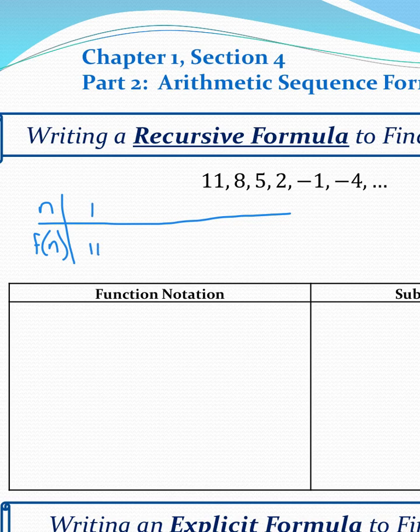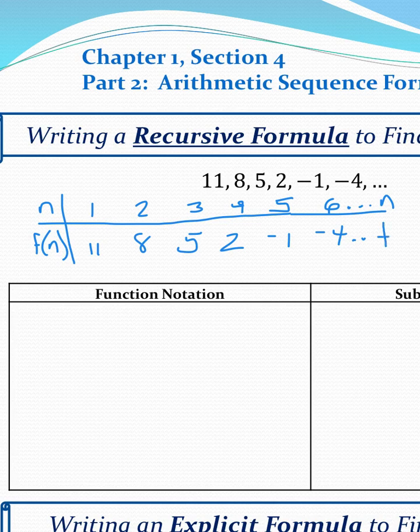So our first number is 11, our second number is 8, our third number is 5, our fourth number is 2, our fifth number is -1, and our sixth number is -4, going out to n, and going out to f of n. And we can see a pattern here that we are going down by 3 consistently. So that's the sign of an arithmetic sequence.